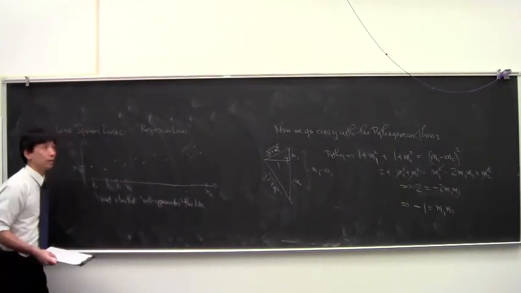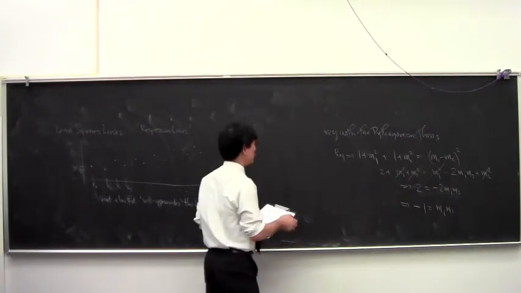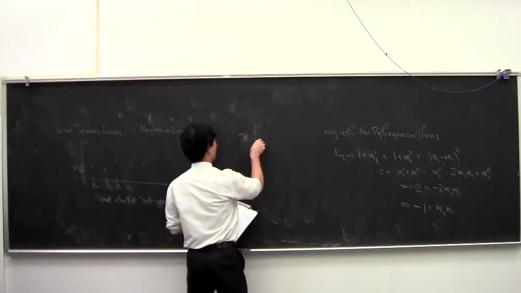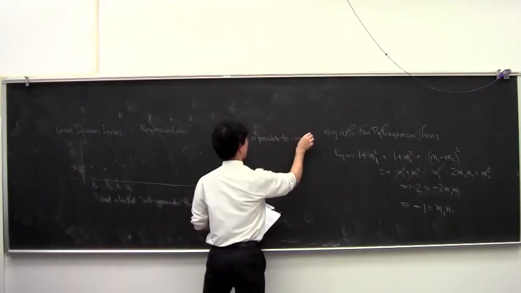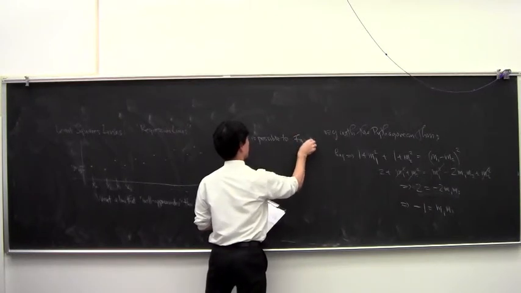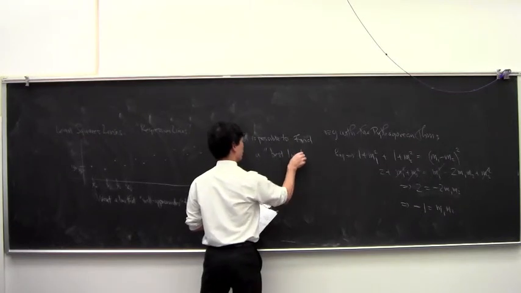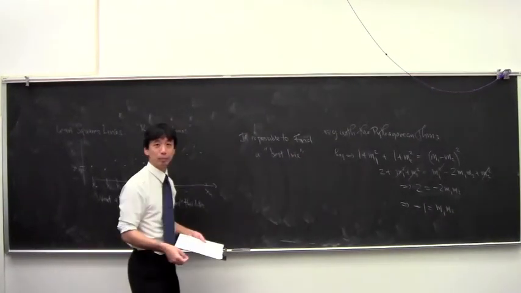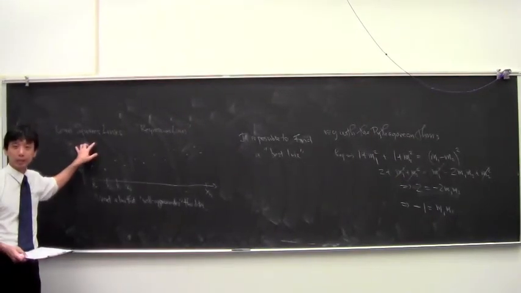It is possible to find a best approximating line, and that line is called the line of least squares.